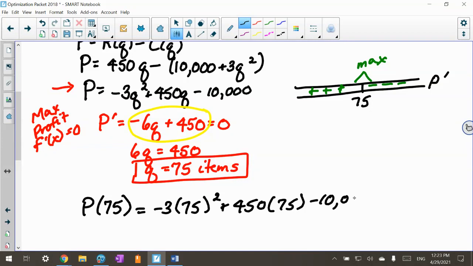When I put that in my calculator, I get that the profit of 75 items equals $6,875, which is very close to what we just saw. It looks like the graph value was more rounded. So there's how you do the revenue and profit problem for number 2.